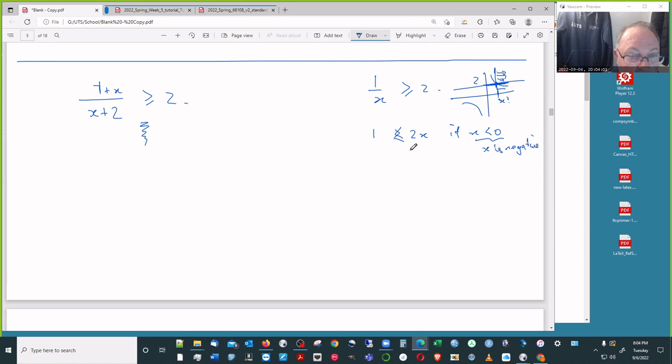Now, if x is positive, which is the way you would say that, and you've got to explicitly teach that to students, then you would maintain your multiplication. So how do we take the cases into account of positive and negative?